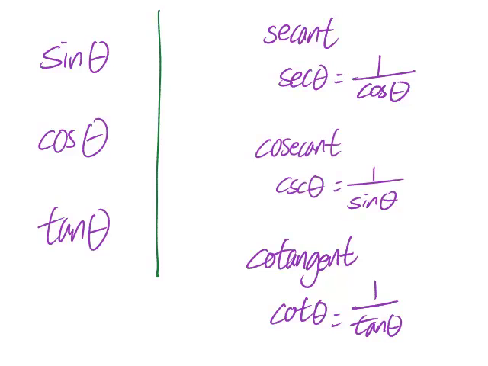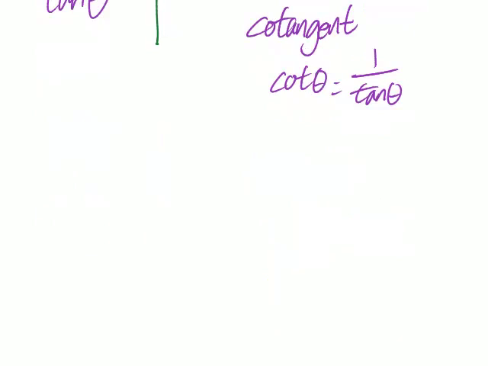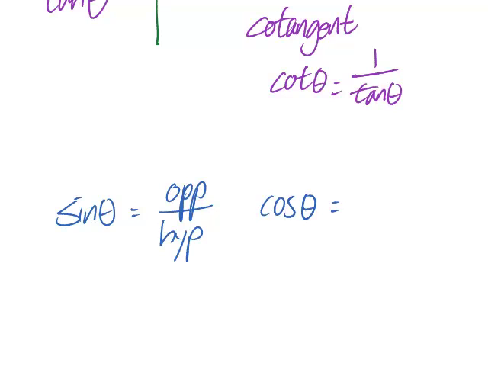Yes, there's one more thing to do, which is to look at tangent. So remember that sine is opposite over hypotenuse, and cosine is adjacent over hypotenuse. So we're kind of going back to the original right triangle trig stuff.